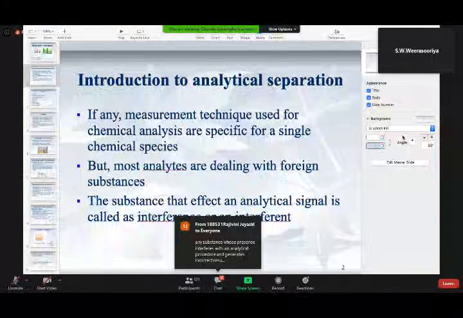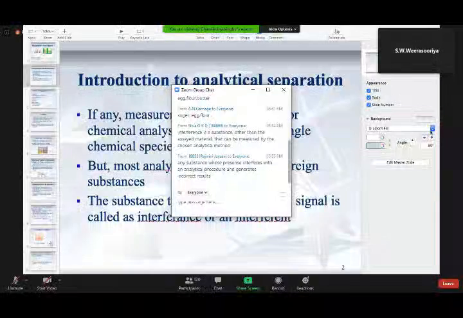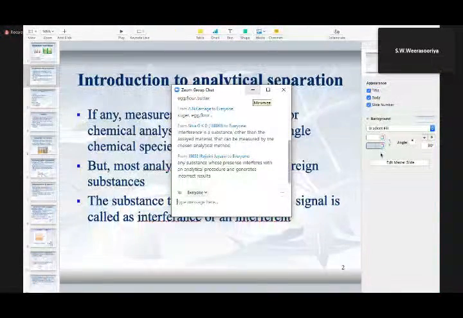I mean, when we need to analyze protein, and it is a lipid-based product, the lipid is the interferent.